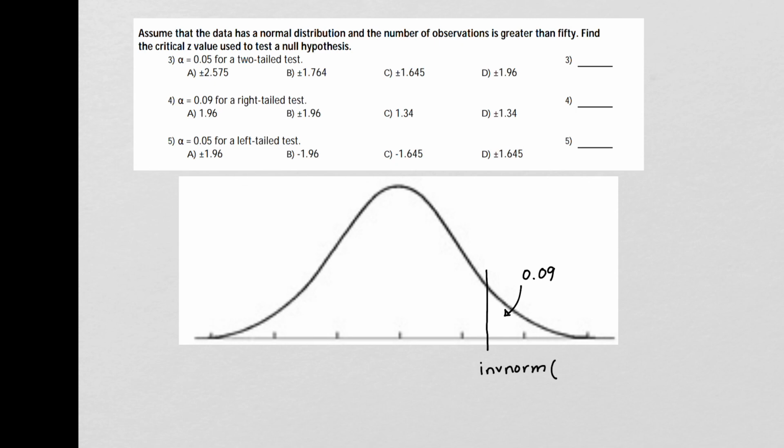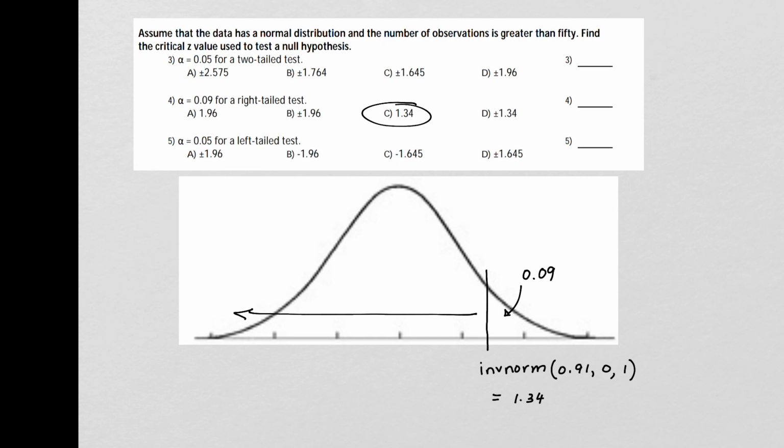I want to put the area to the left. That's how the inverse norm function works. So if there's 9% in the right-hand tail, that means there's 91% in the left-hand tail. And when I put that in, I get positive 1.34. So that's going to be this choice.